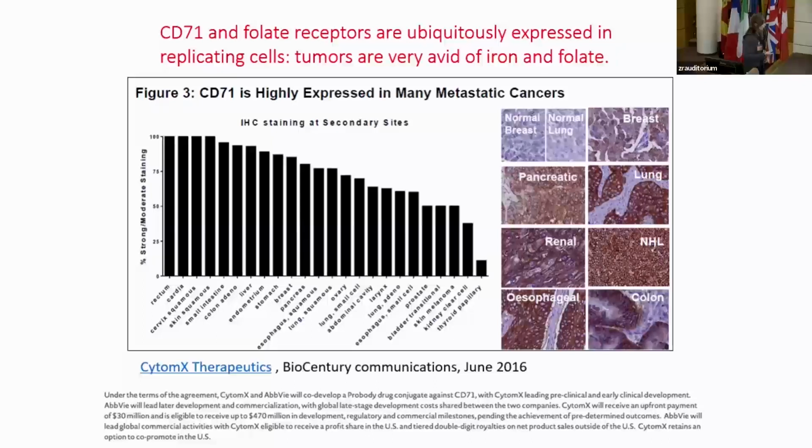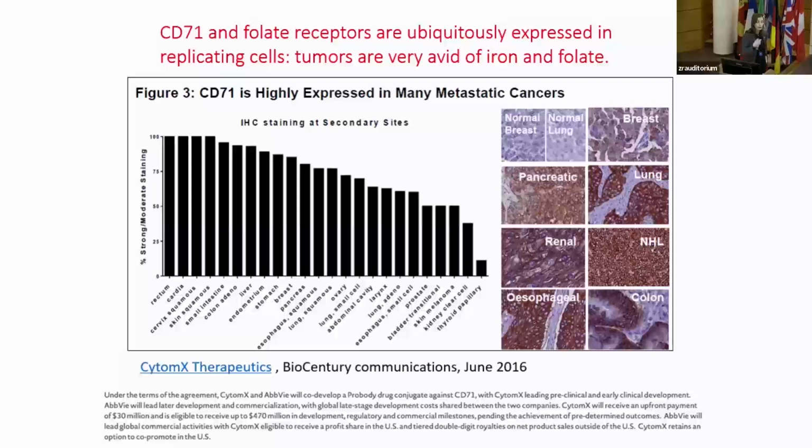So we can see here that a number of cancer lines, including, for example, some that are difficult to target, such as the pancreas cancer, are already hyperexpressing the CD71 receptor.